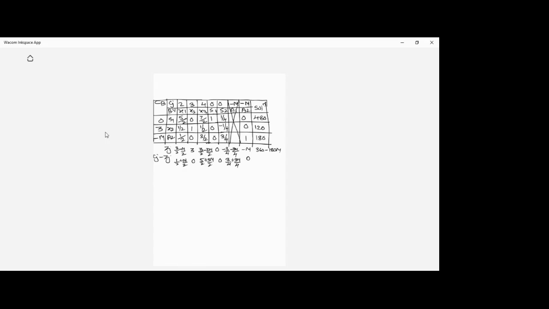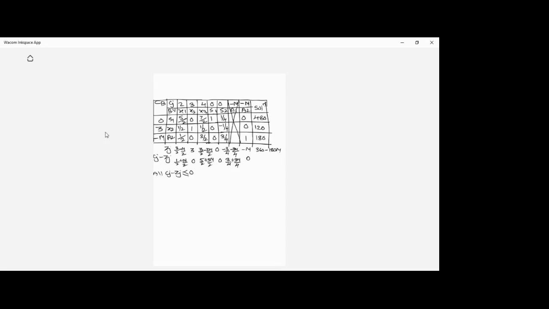Now, as it is a maximization problem, all Cj minus Zj values should be less than or equal to 0. But in the first instance only, if we see our first value, our third value and our fifth value are not less than 0, it will definitely be a positive value, right?